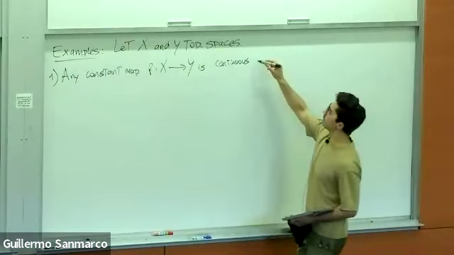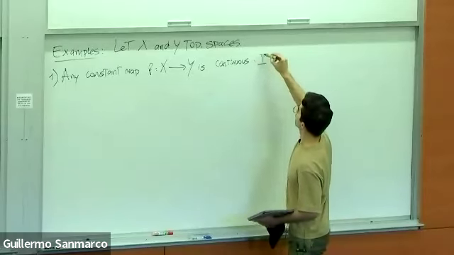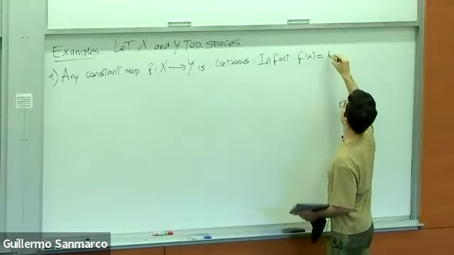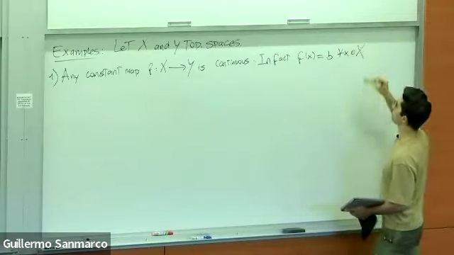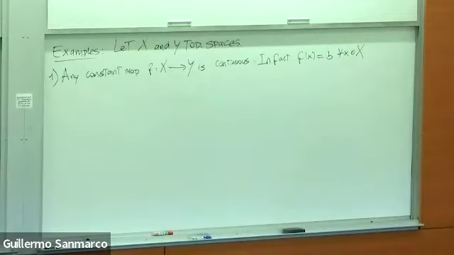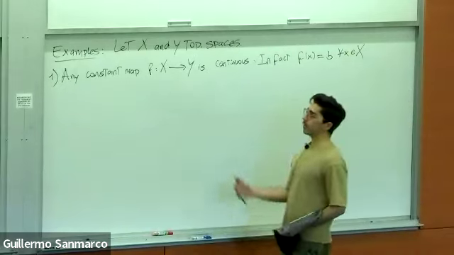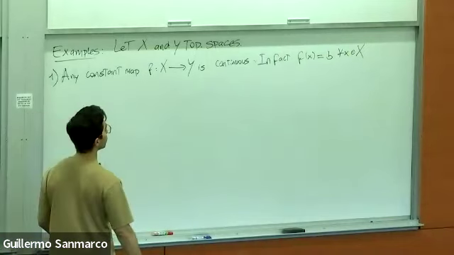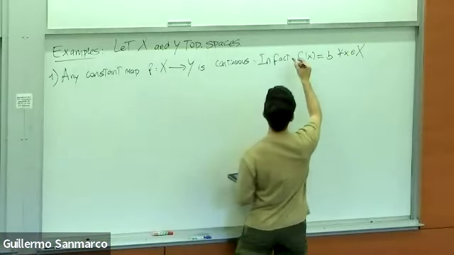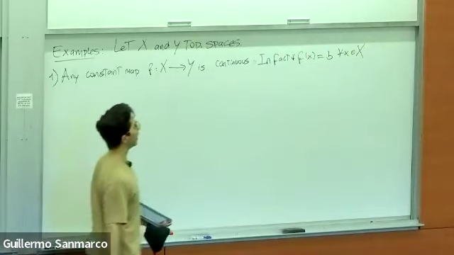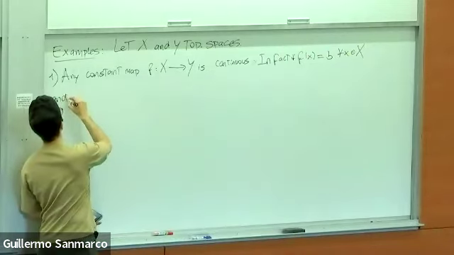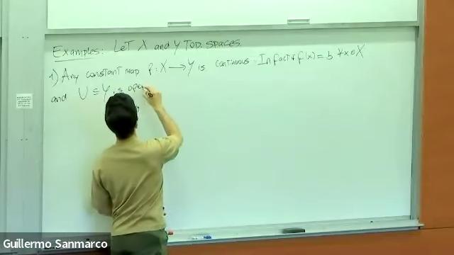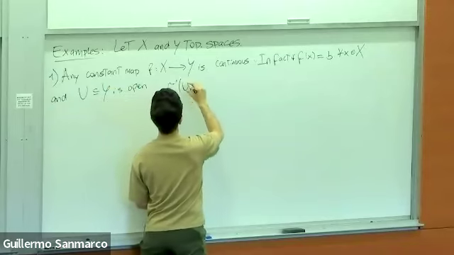So how do we prove this is the case? Let's say F of X is this constant value B for any X. How do we prove it's continuous? We need to take the preimage of an open set. So if F of X is B for any X in X, and U inside of Y is open, what's going to be the preimage of U?